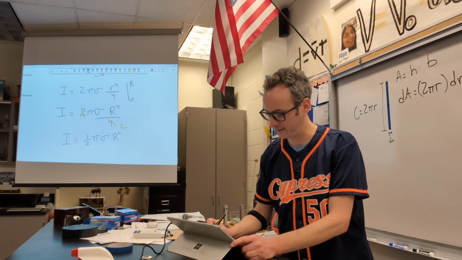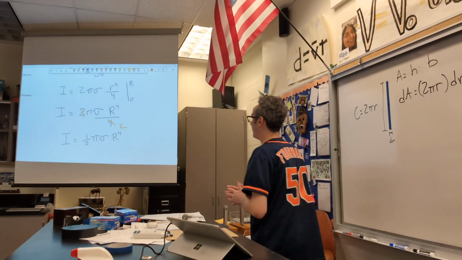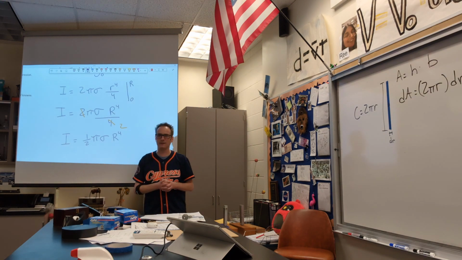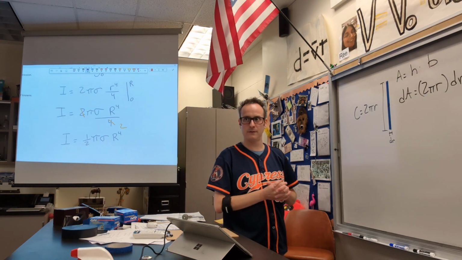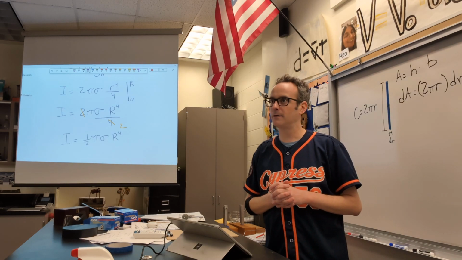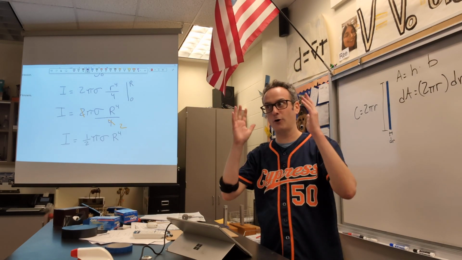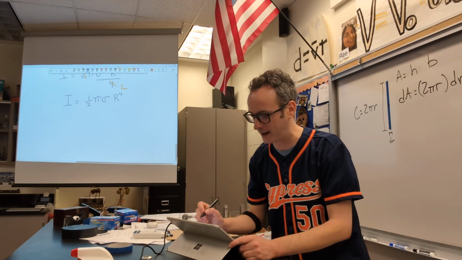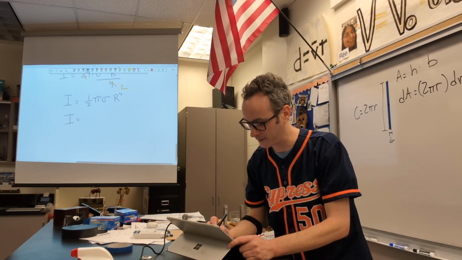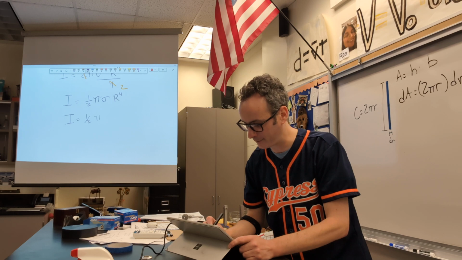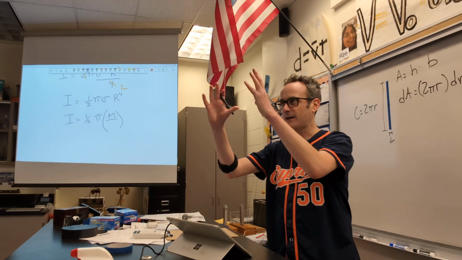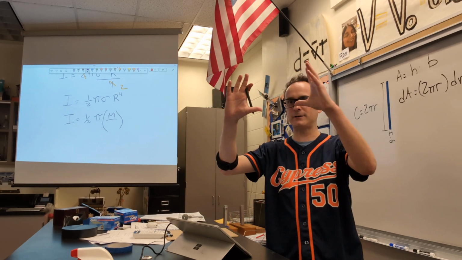So far, so good. But now the only thing, I got to get rid of the pi and the sigma. What can I replace sigma with? M over A. Yes, the total mass over the total area, right? We did the same thing when we did the rod. So we got 1/2 pi. Instead of sigma, it's the total mass over the total area, but it's a disk. What's the area of a disk?